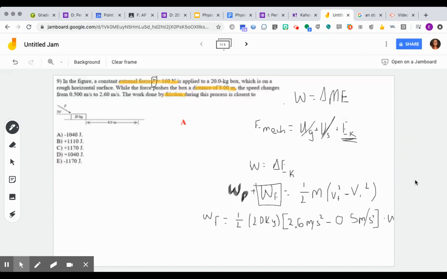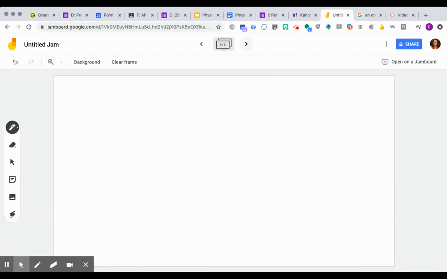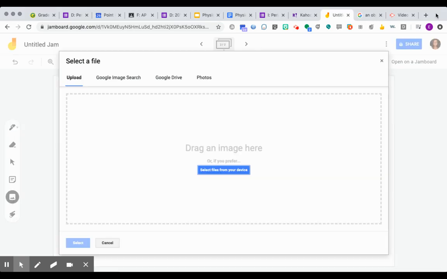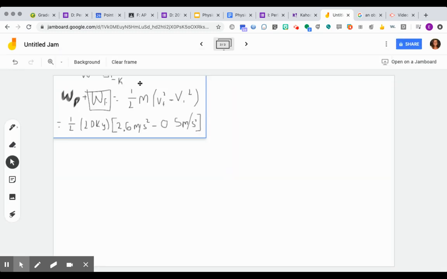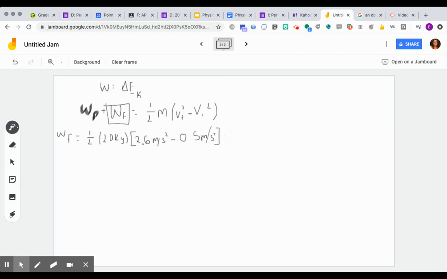Hold on 1 second. Sorry, the work done by the constant force to the other side.